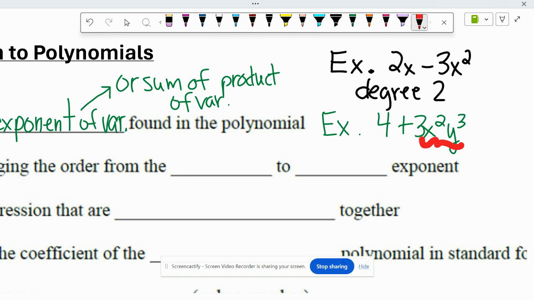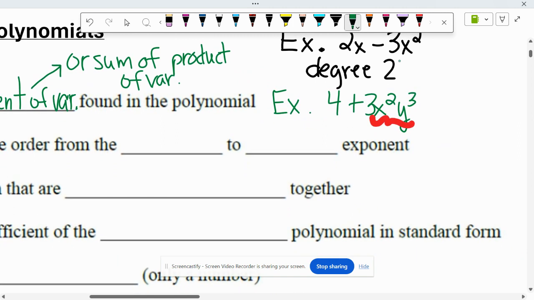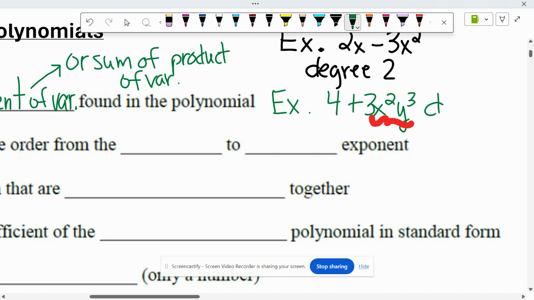So what is the degree of this one, you think? Well, what's 3 plus 2? 5. So this is degree 5. So that's what degree is. You're going to find the largest variable term, or the sum based off of each term.